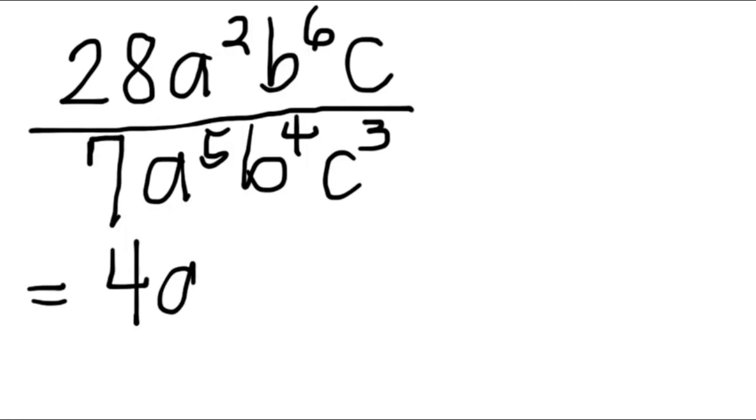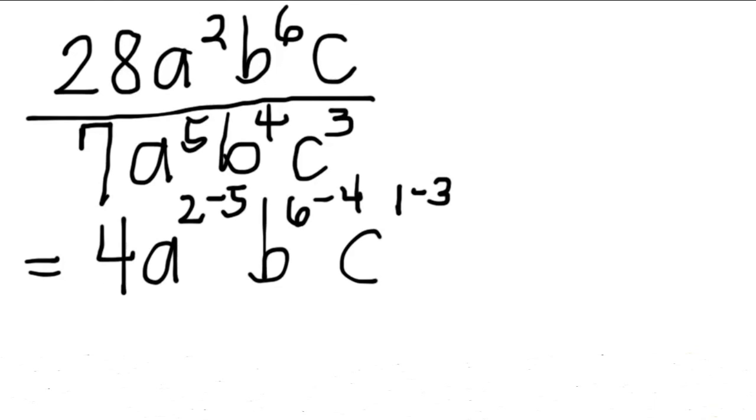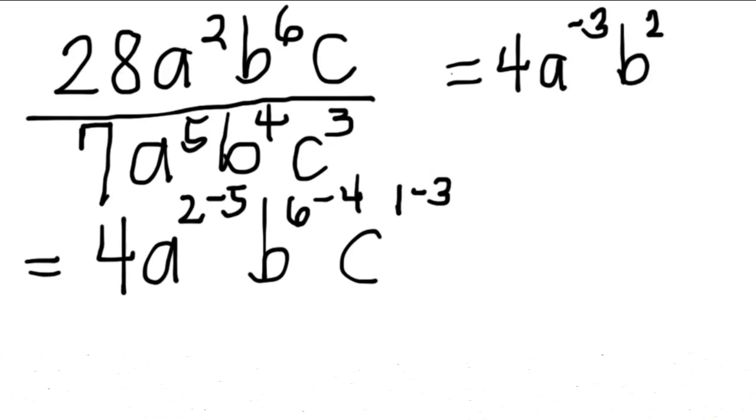So we're going to have a raised to 2 minus 5, b raised to 6 minus 4, and then c raised to 1 minus 3. So, subtract natin. So, we're going to have 4. 2 minus 5, that is negative 3. 6 minus 4, that is b squared. And then c raised to 1 minus 3, so that is negative 2.